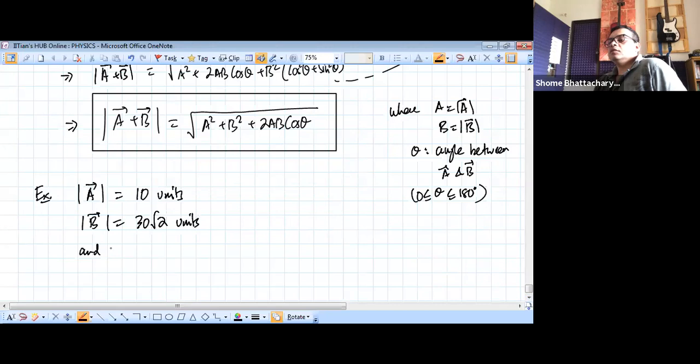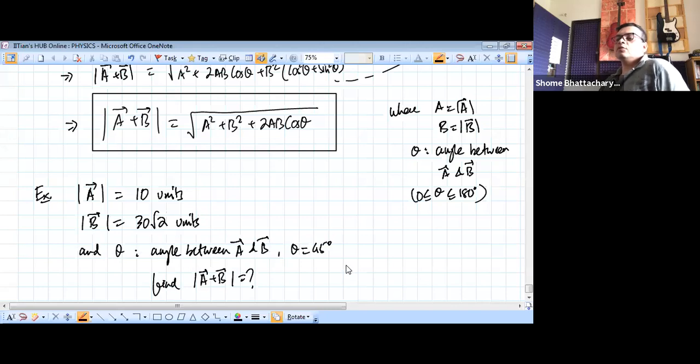And theta, that is the angle between the vectors A and B, is equal to 45 degrees. So you want to find out the magnitude of the resultant. Here we can directly apply this formula. We don't even need to construct any triangle and all that. We can directly apply this formula and see what we will get.